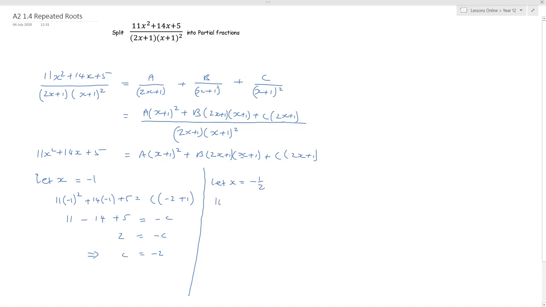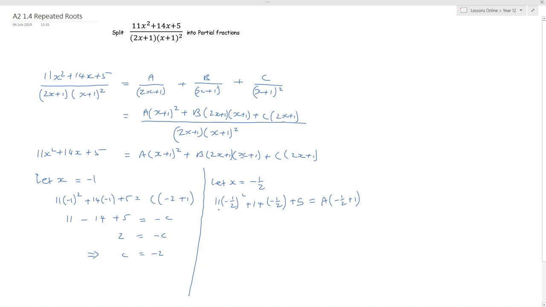So we've got 11 times minus a half squared plus 14 times minus a half, plus 5, and that's equal to A times minus a half plus 1. B goes to 0, and C goes to 0, so they're gone.